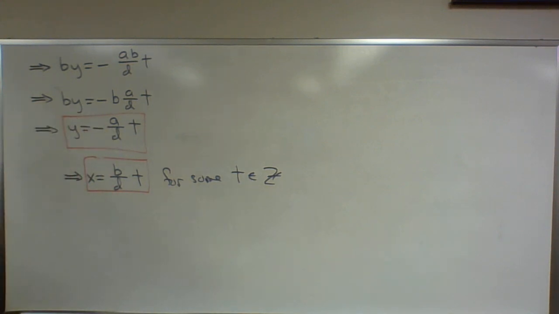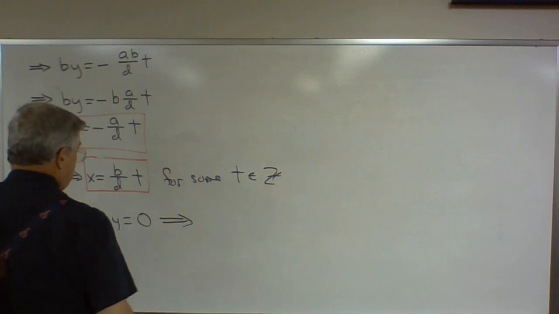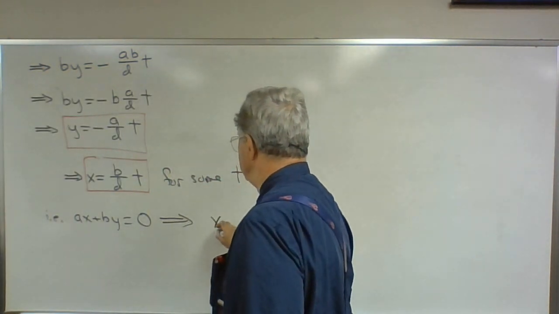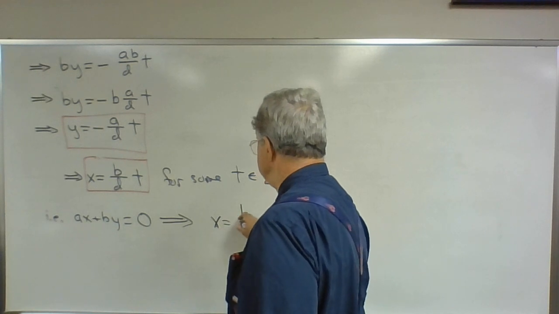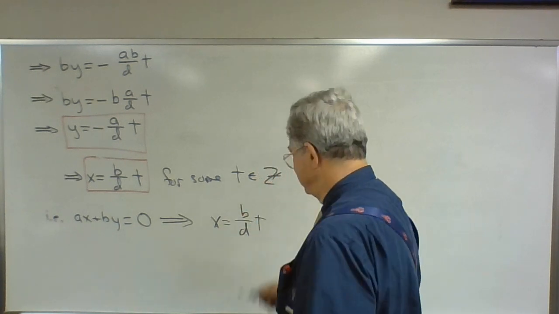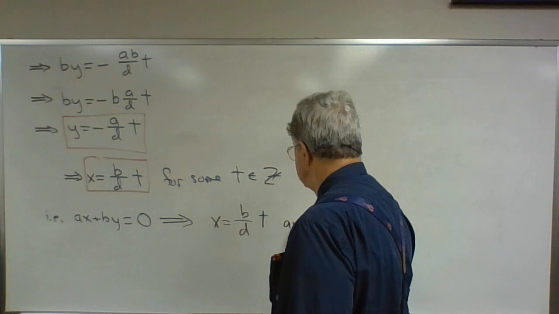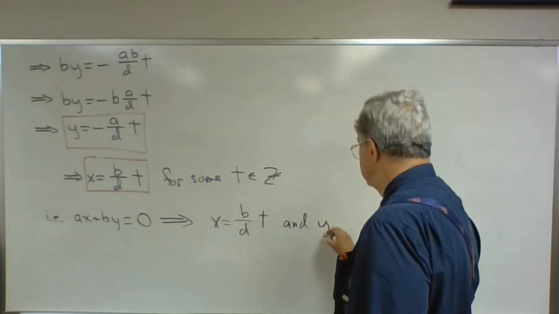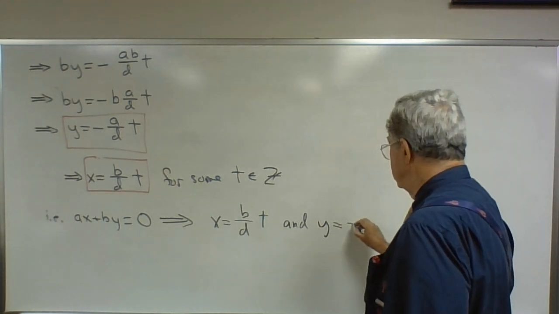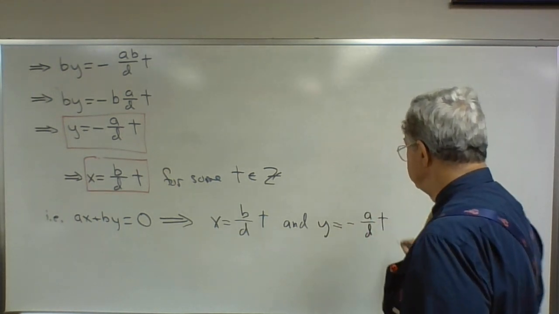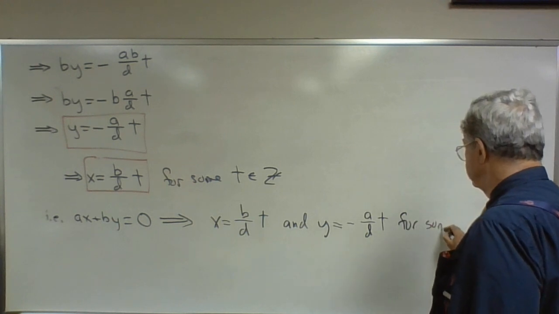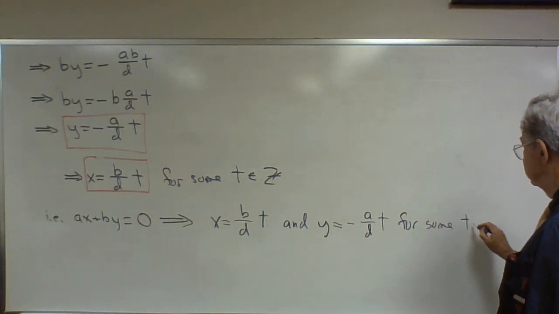So where did we start? Where did we finish? We started here, and with the hypotheses, we ended up here. x is b over d t, and y equals negative a over d t for some integer t.